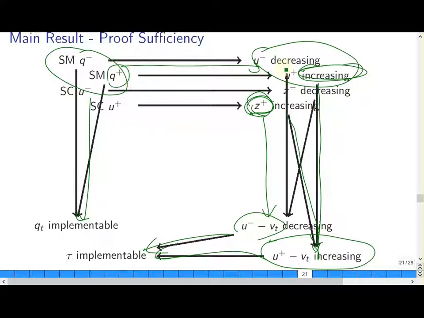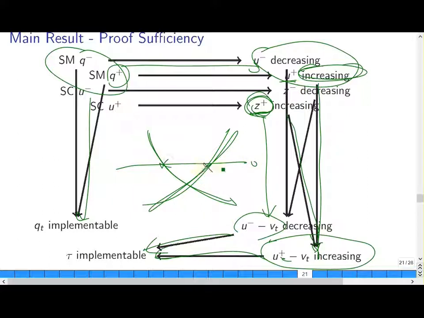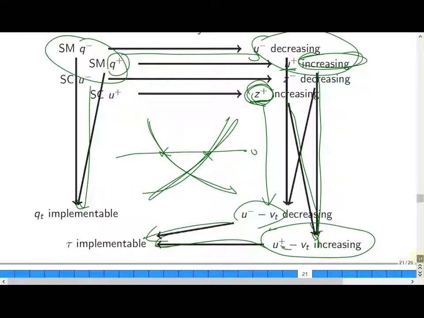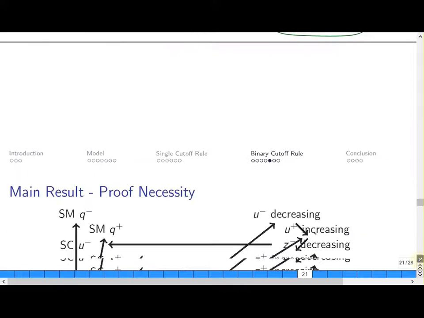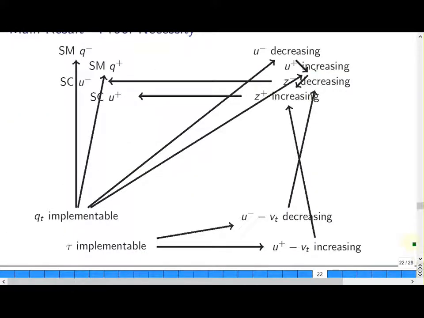Basically, if both U and Z are monotonic, then we have one side of this being monotonic, and the other one would look like this. Then if we cut at zero, then we have a binary stop rule.